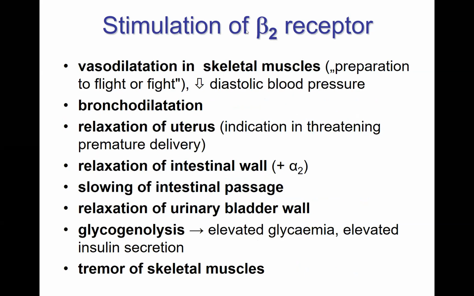We have talked about the B2 receptor, bronchodilation, but it's not only bronchodilation. It's, for example, vasodilation in skeletal muscles, relaxation of the intestinal wall, and as I said, there are some metabolic ones, glycogenolysis.